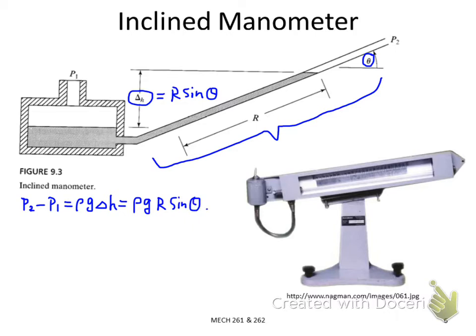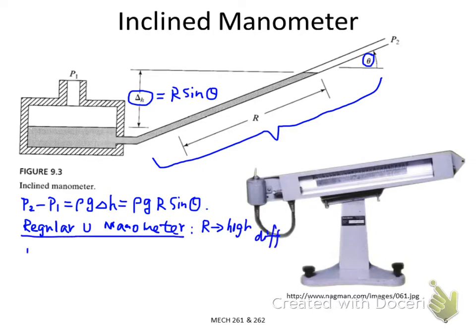If we don't have the inclined case, for a regular U-shaped manometer, R is still the height difference, and the pressure difference P2 minus P1 is just equal to rho g R, because that's the regular height difference.